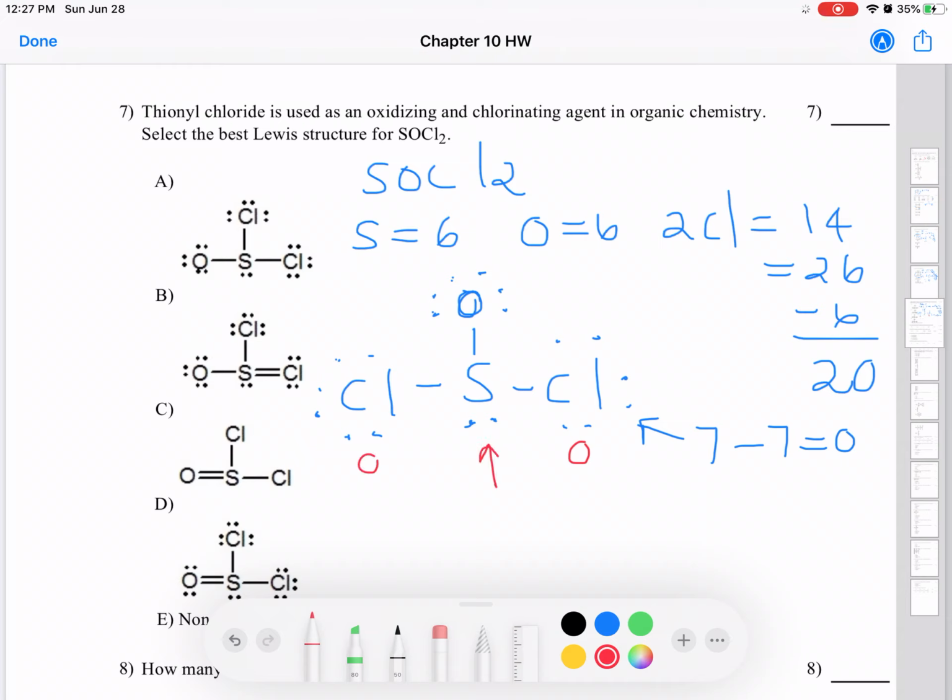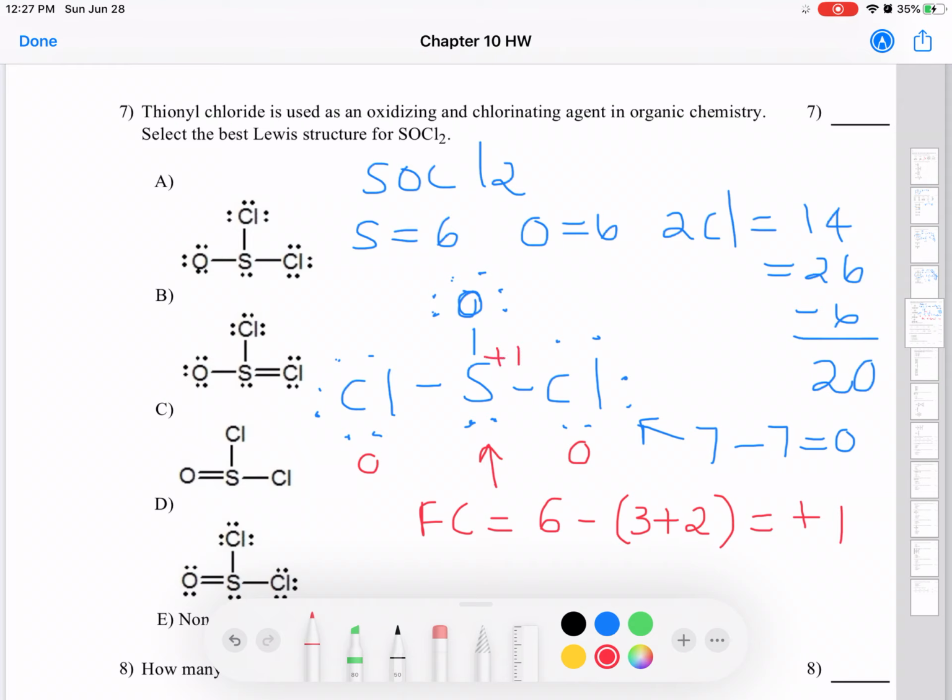Now what about sulfur? This is how you calculate the formal charge. You get the group number. Sulfur group number is 6, and then you look at the number of bonds and electrons on sulfur. There are 3 bonds, and the number of electrons is 2. So 6 minus 5 plus 1. So the formal charge of sulfur is plus 1.